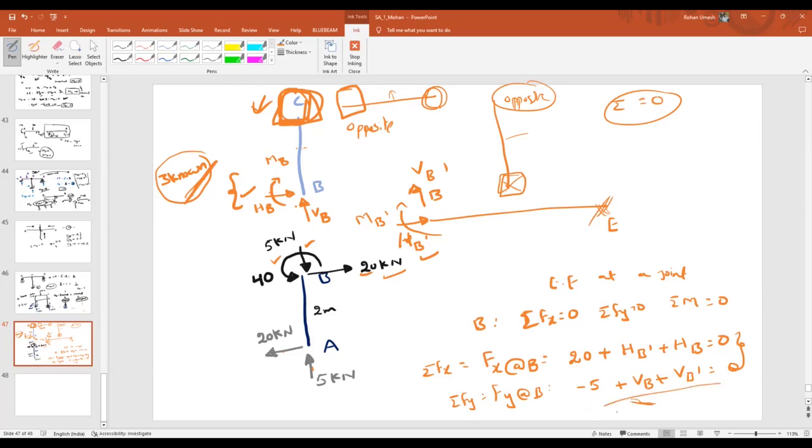That will also be there. I haven't written that. Moment at B also will come, but I have not written it. You guys understood, right? The same problem we'll solve tomorrow, and we'll clearly know how many additional equations are required.